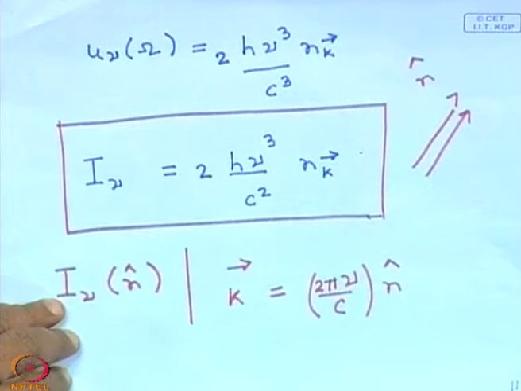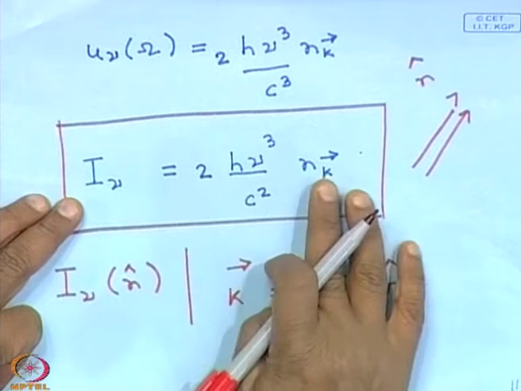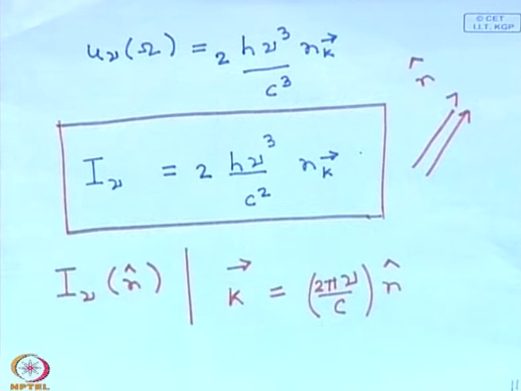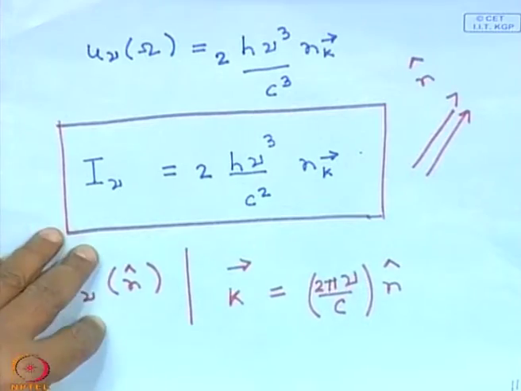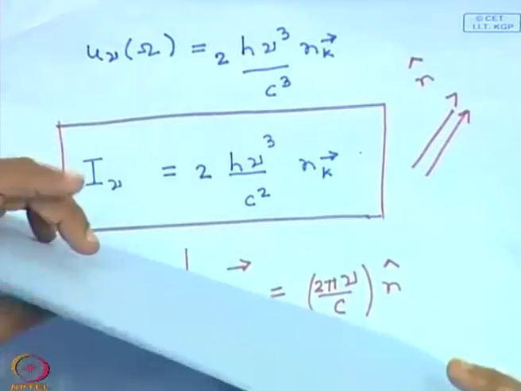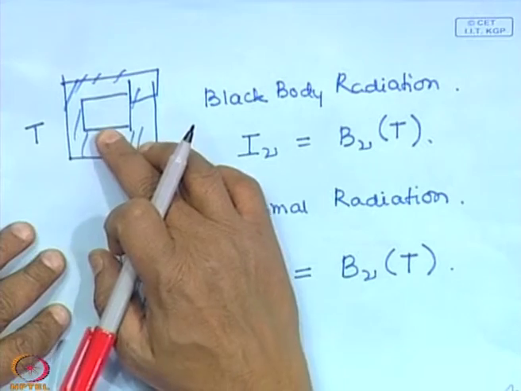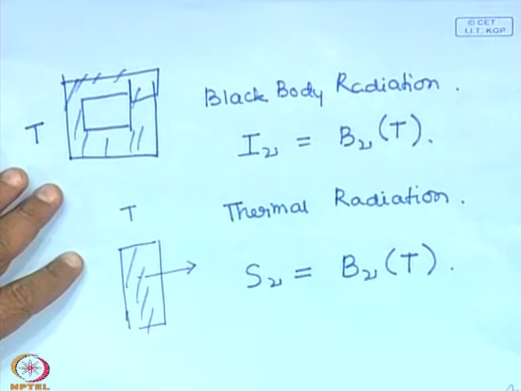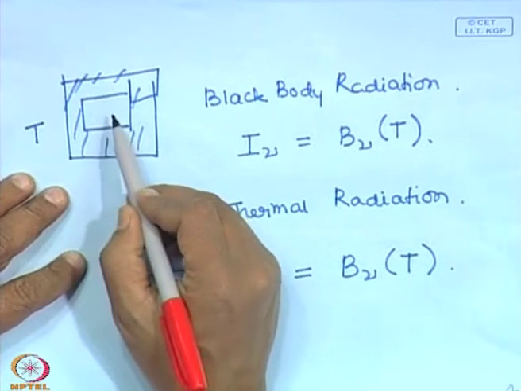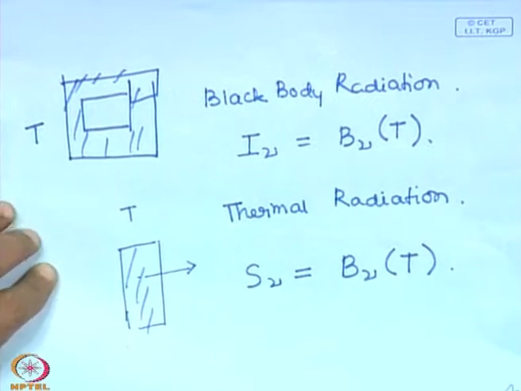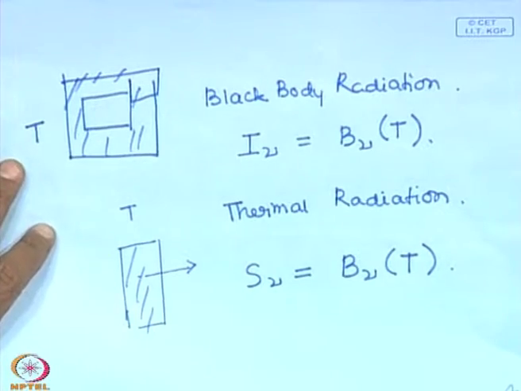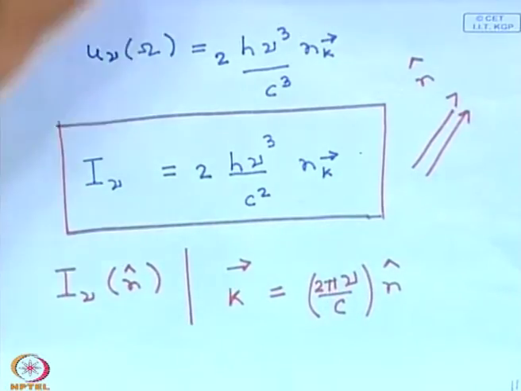Right now, it is a very general relation between the specific intensity and the occupation number of the modes of the photon. Right now, we are interested in a situation where the photons in this cavity are in thermal equilibrium with the walls of the cavity, at a temperature T. Now, there are two fundamental statistics, the Bose statistics and the Fermi statistics.